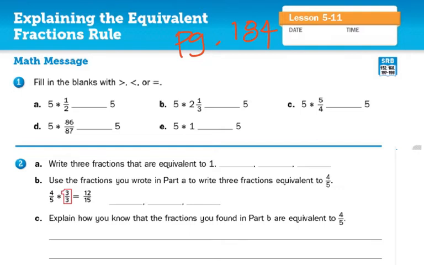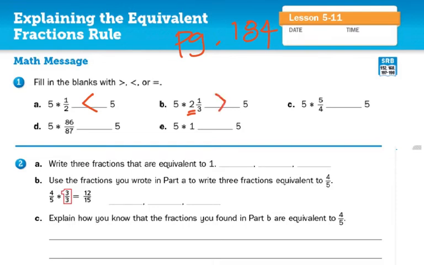So if we take 5 and we're multiplying it by a half, in other words, taking half of 5, is it going to be more than, less than, or equal to 5? That's what that means. It would be less than 5. Now going across with B. When you're multiplying by a whole number and a fraction, you're going to end up with a number that is greater.